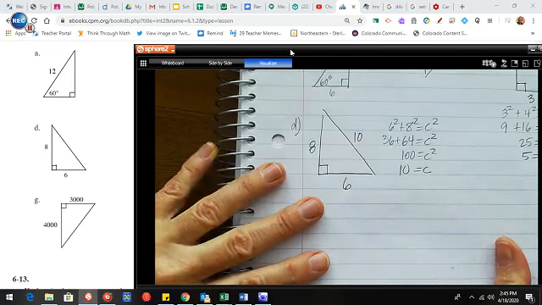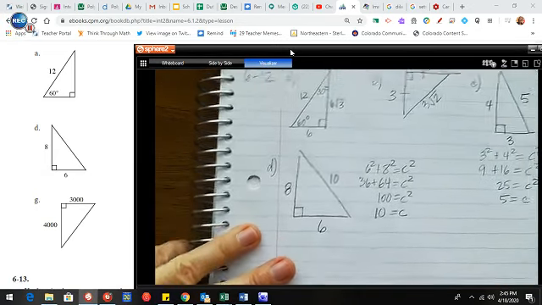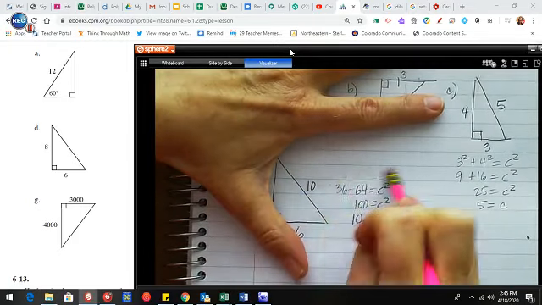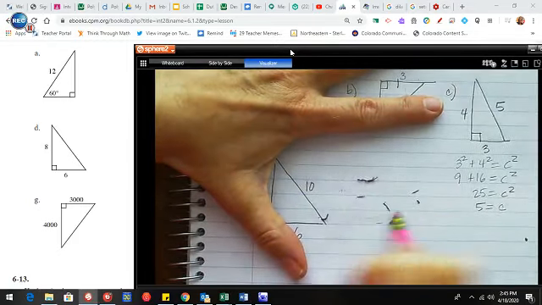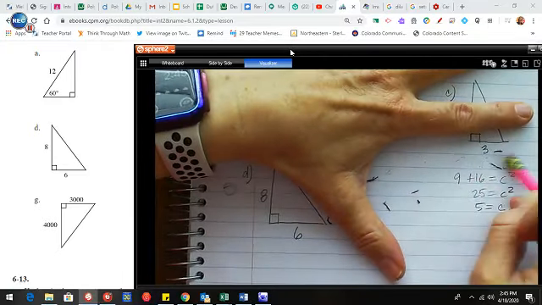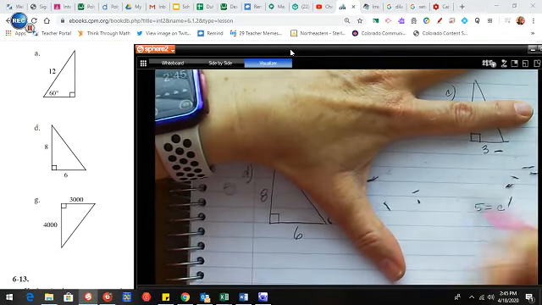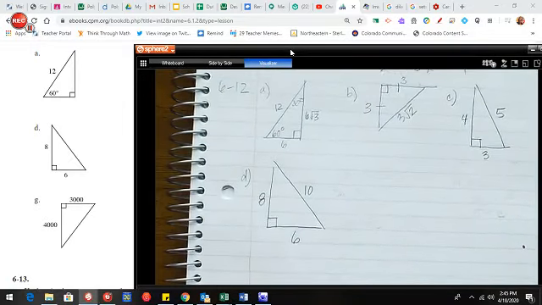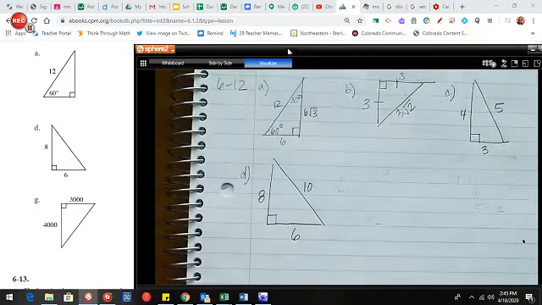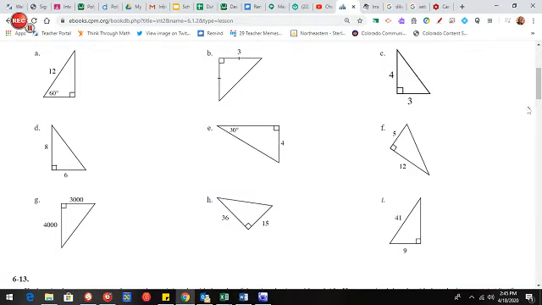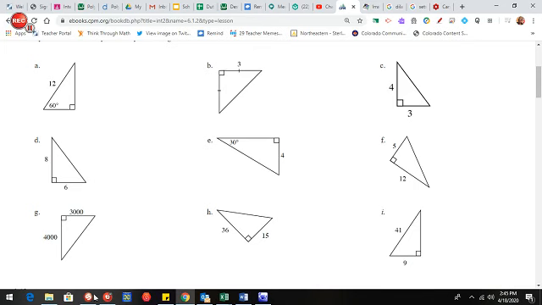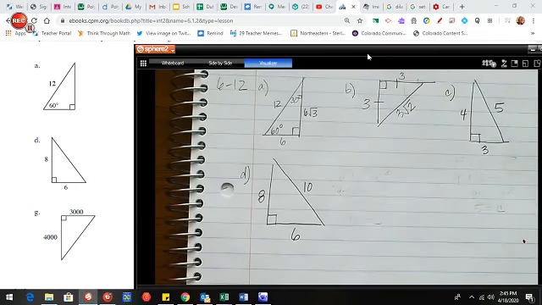I kind of want you to be able to see all of this. I'm going to erase this, and for your work, you can just keep everything on the same paper. I probably should have started a new sheet of paper, but I think I can fit everything on this one sheet so that you can see something after we do all of them.